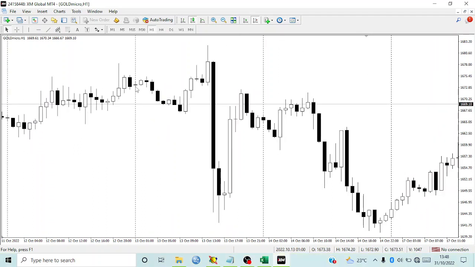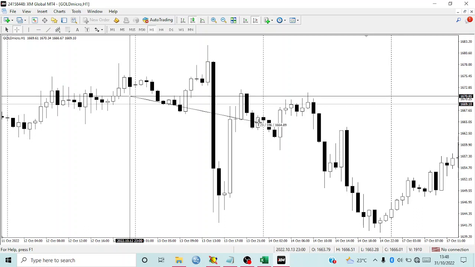So we have, let me count the candles. Okay, remember that we have about 23 candlesticks. So approximately I'm going to reduce by 1, right?